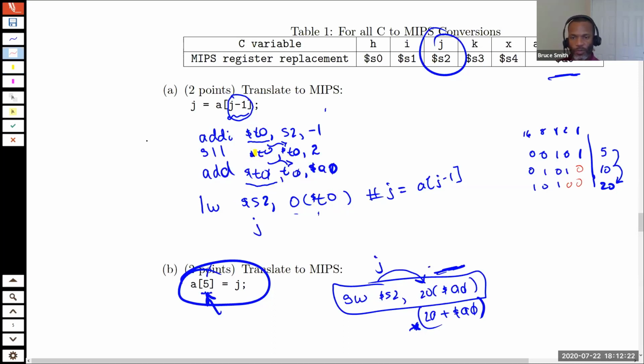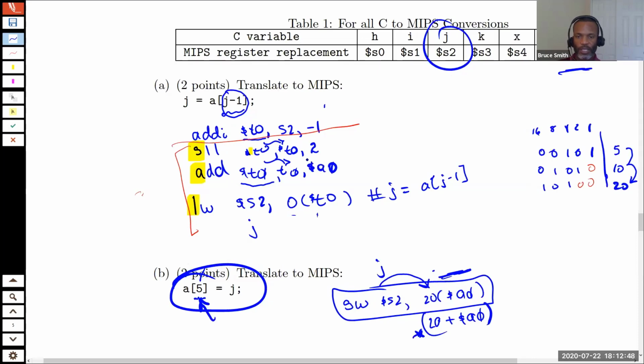So for a brief moment, ignore the add. This is the pattern: when I'm using a load word, or getting something out of an array, it's going to be an S, an A, and an L. It's a SAL, S-A-L, that I frequently will do to get things out of an array. That pattern will save you lots of time and effort in thinking about how to get something out of an array.